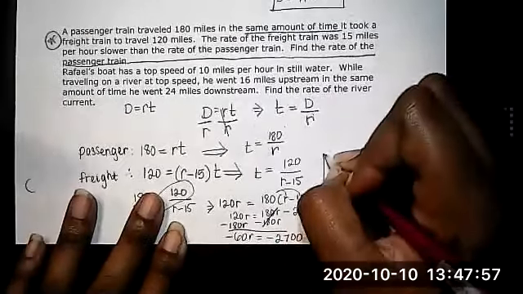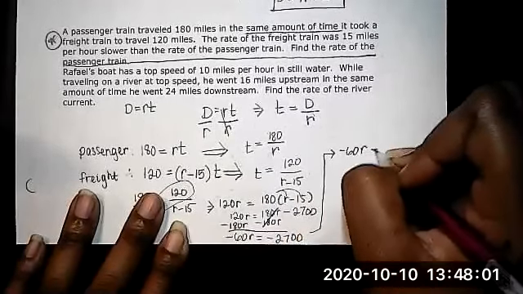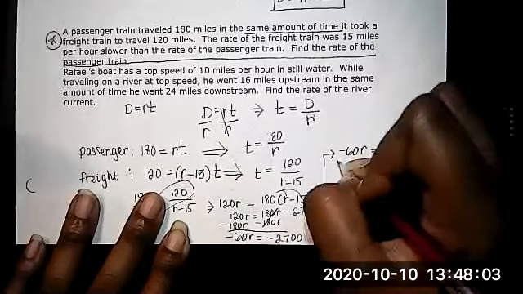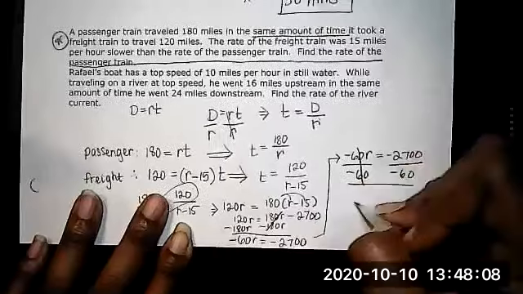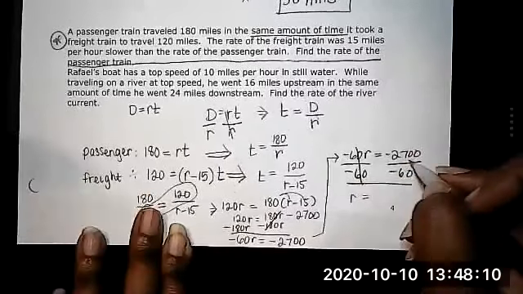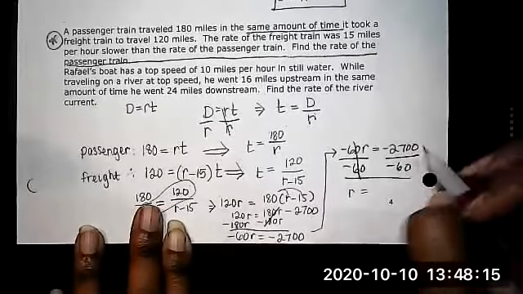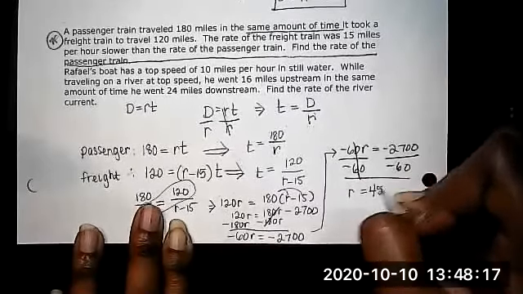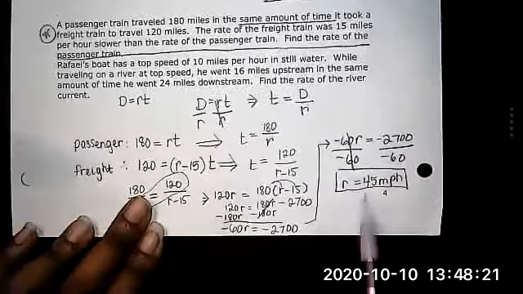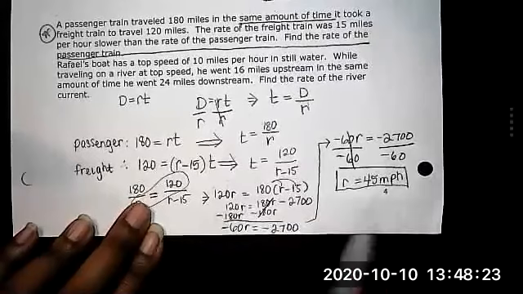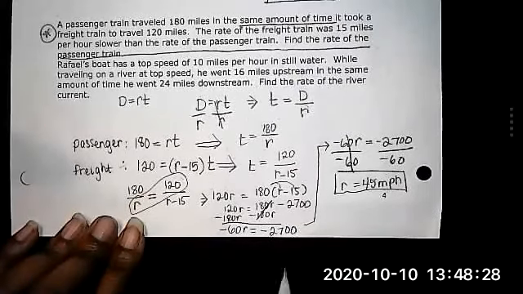Divide by negative 60, you'd get R equals negative 2,700 divided by negative 60, and you get 45 miles per hour. That's what I got for that one. So the rate there equals 45 miles per hour, because of that when I cross multiplied.